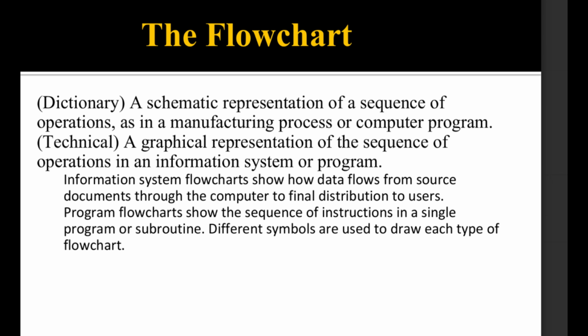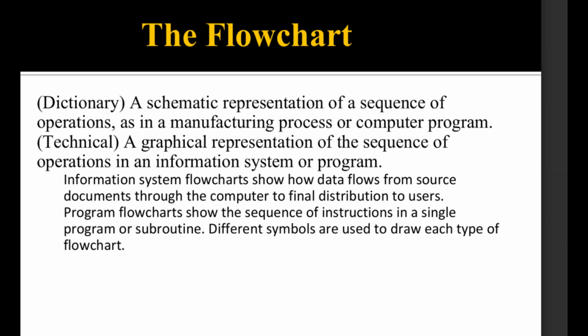Flowchart. Dictionary meaning: a graphical representation of a sequence of operations, as in a manufacturing process or computer program. In technical terms, it is a graphical representation of the sequence of operations in an information system or program.